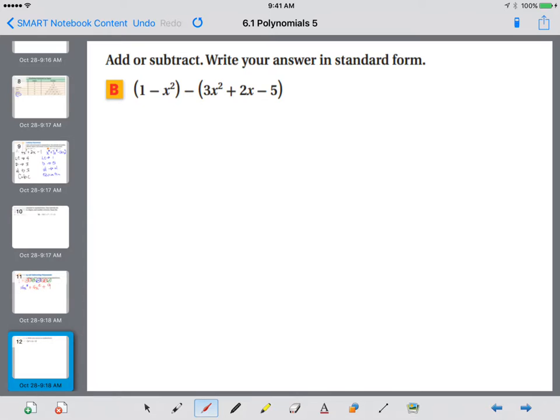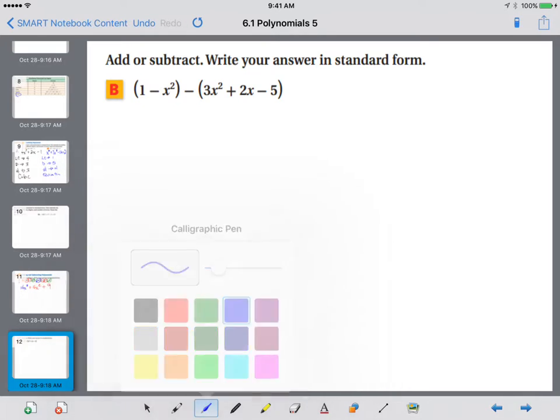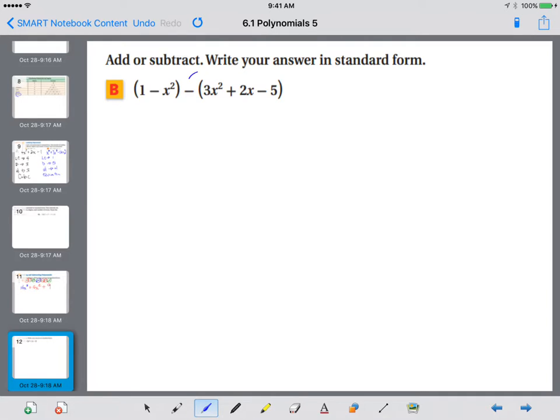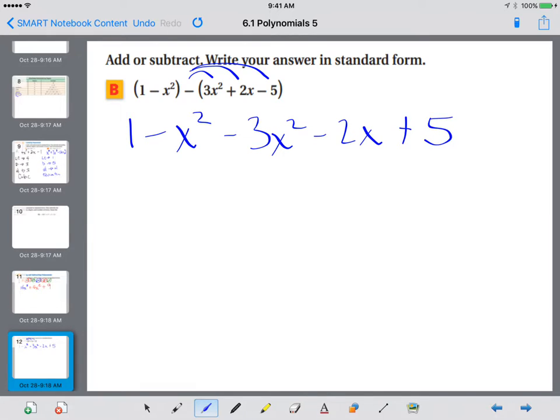Adding is pretty straightforward. Subtracting, though, we have one step to do before we start to subtract. And that is we need to distribute the negative to all 3 terms before we combine. So I'm going to start by rewriting the first term, 1 minus x squared. And then all we really need to do is change the sign of these 3 terms, because we're going to distribute the negative. So it becomes minus 3x squared minus 2x plus 5.